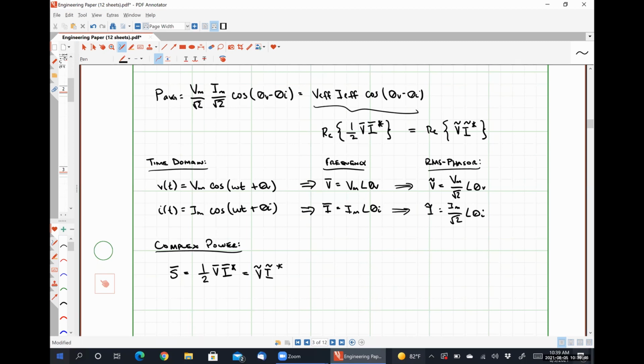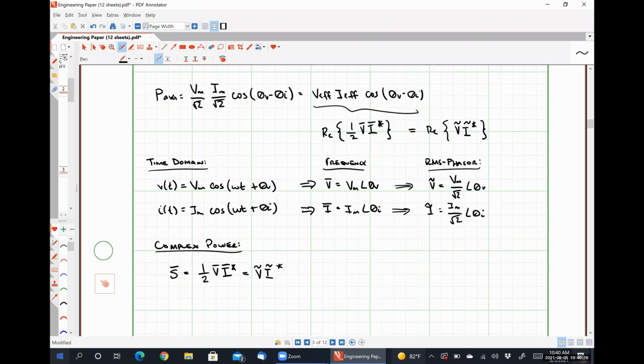Complex power is a quantity that is used by power engineers to succinctly characterize the power absorbed by a given load in a sinusoidal steady state circuit. It is an incredibly powerful quantity in this type of analysis because it contains all of the information pertaining to the power absorbed by a given load. And I'll explain what I mean by that momentarily.